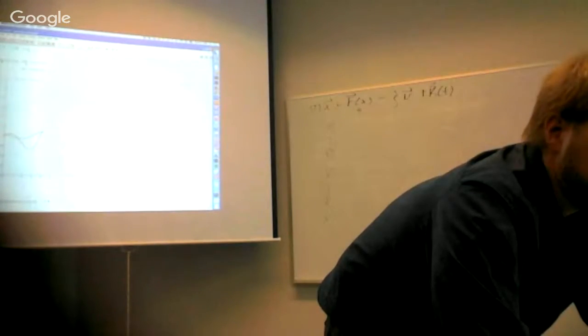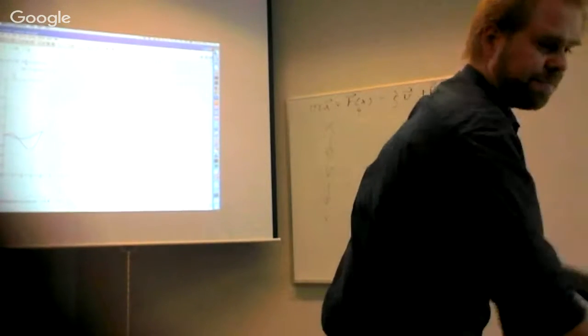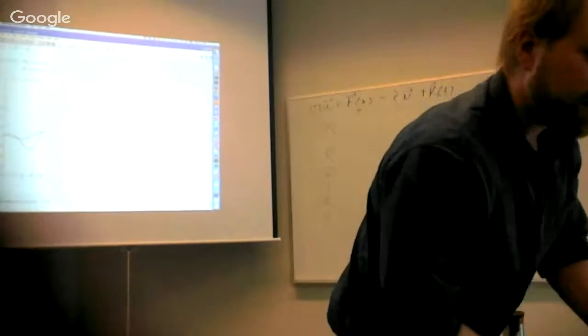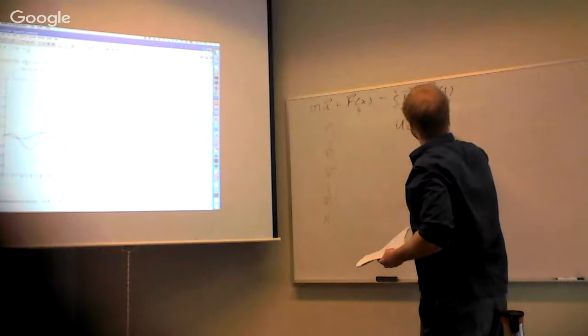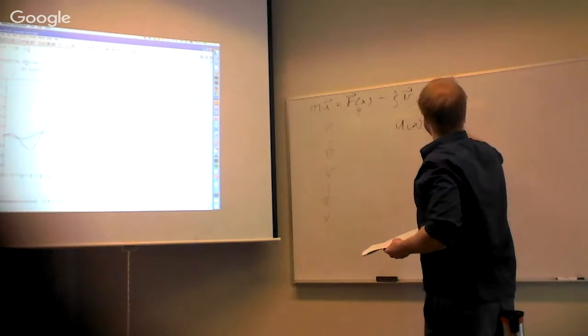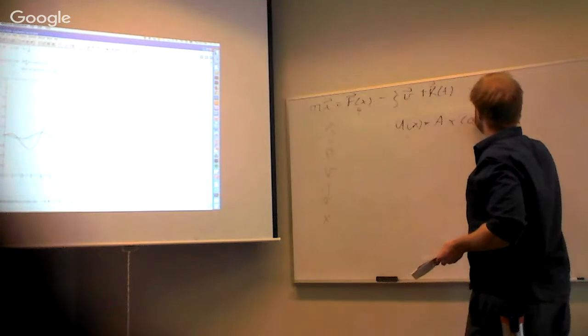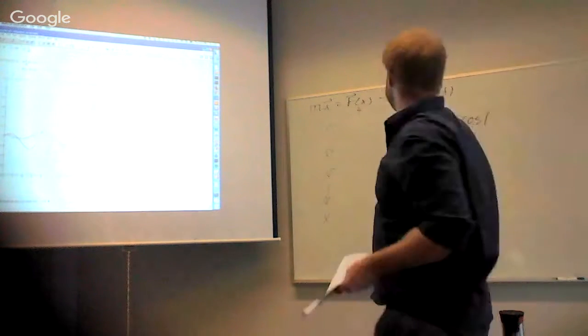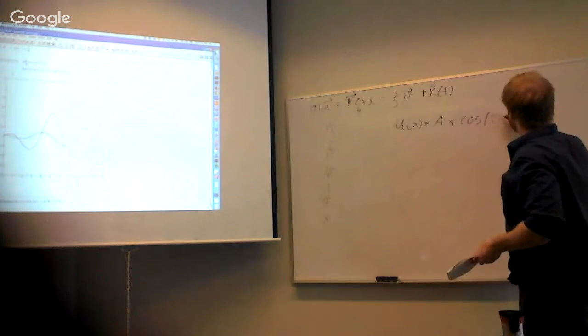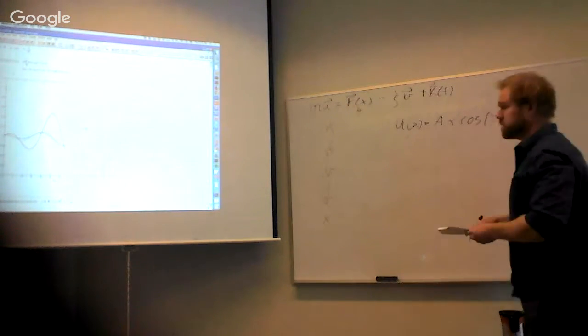Okay, so my u of x, you can see it there, is going to be equal to some coefficient times x times cos 2 pi omega x.